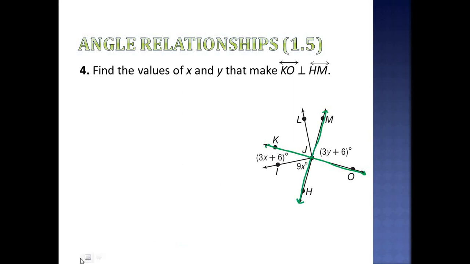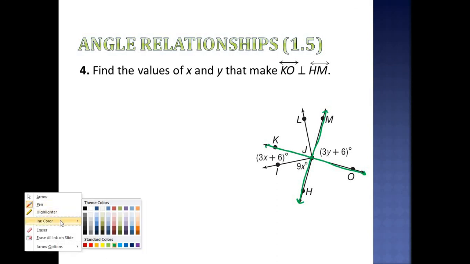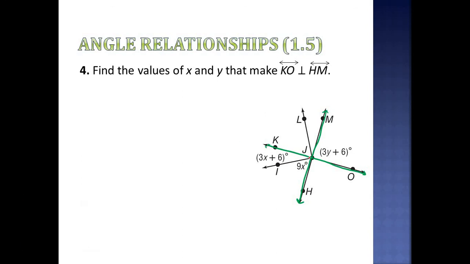We want them to be perpendicular, so for this problem we will simply assume that this is true, and we will say that the measure of angle KJI plus the measure of angle IJH equals 90 degrees. Right?